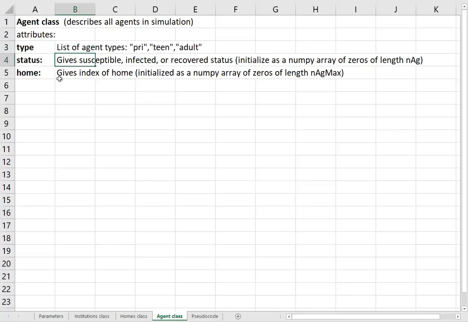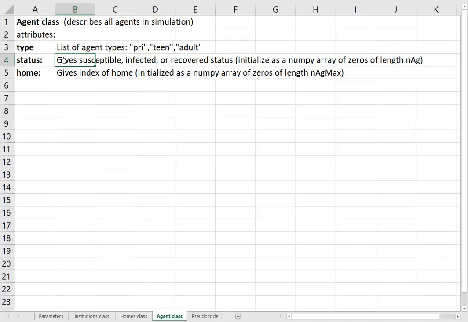Now, we'll also have status, and this is where the disease status of each agent will come in. So we'll have a number that indicates the status of each agent. And I'll tell you how to do that. We're going to do it a little bit better than the way it's done in the SIR model. I'll have a more realistic way. The way the SIR model works is that the duration of infection is very random, and it's not really so realistic.